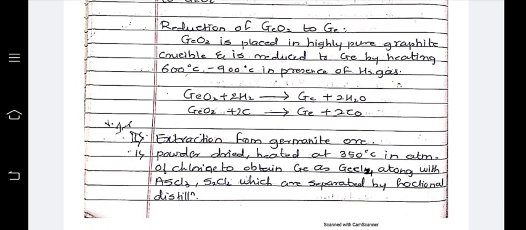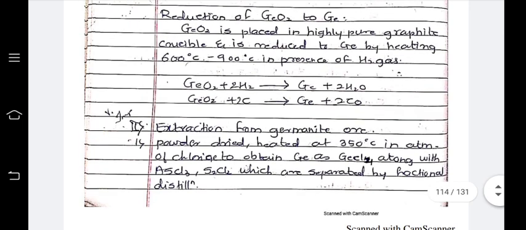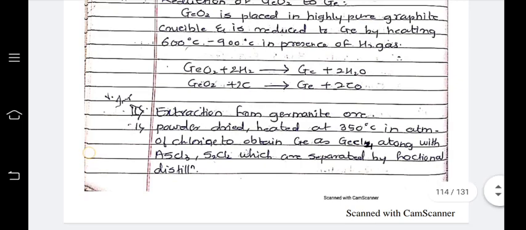Reduction of GeO2 to germanium: GeO2 is placed in highly pure graphite crucibles and is reduced to Ge by heating at 600 to 900 degrees centigrade in the presence of H2 gas.